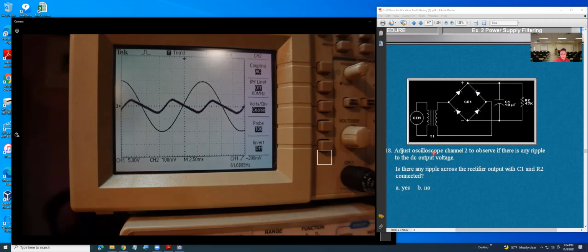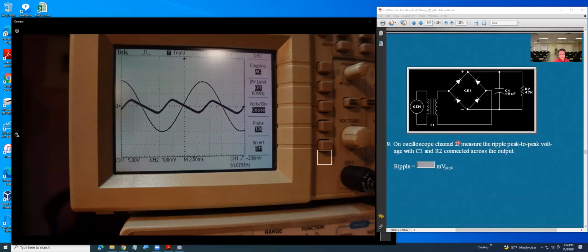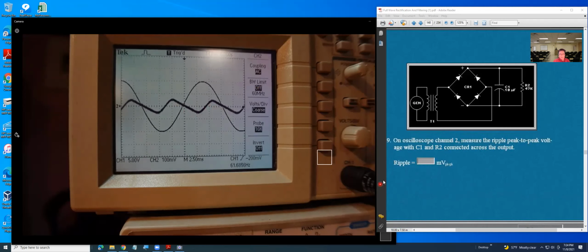It doesn't work right, so they want it flat. To calculate the ripple, you can measure the peak to peak of the ripple.